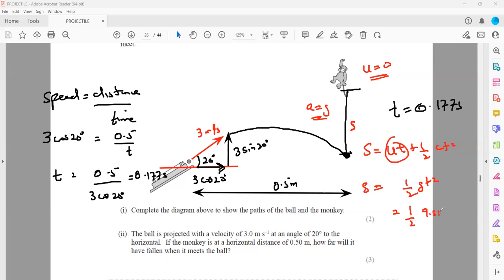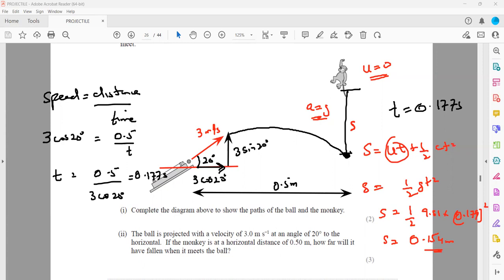The gravity is 9.81 and the time it took is 0.177 seconds squared. When we simplify this, it gives us the vertical distance covered by the monkey, which equals 0.154 meters.